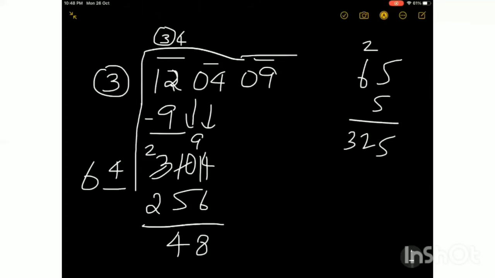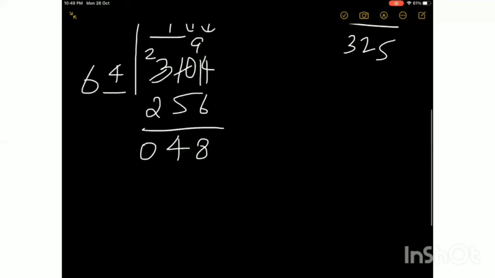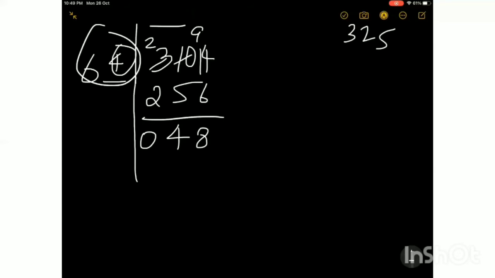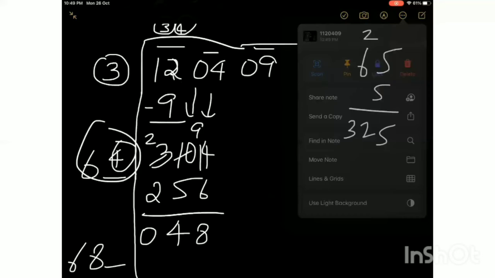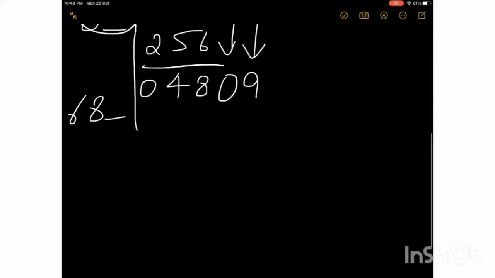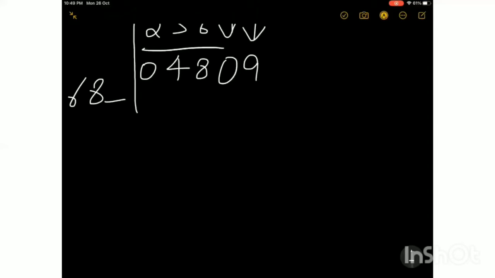So what you're going to do is you have to add this new divisor 64 and the quotient, only the 4. So 64 plus 4 will give you 68. That's the new divisor. After writing the 68, we have to put the dash, and we have to bring the 09 down with 48. 4809. We have to again guess the largest number which should be less than or equal to 4809.